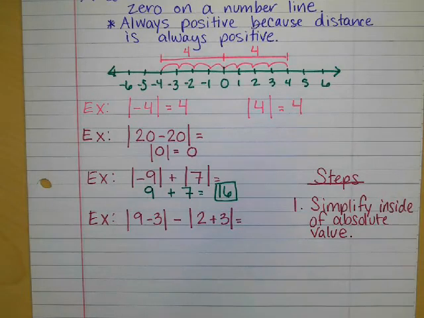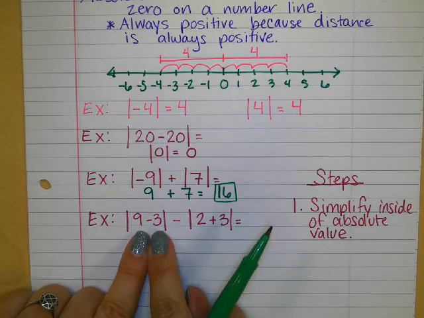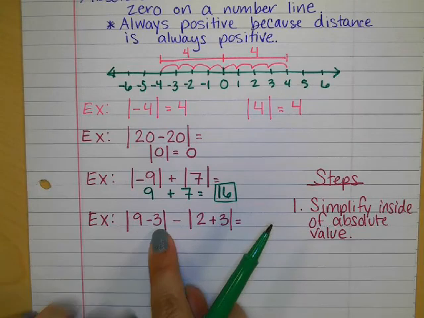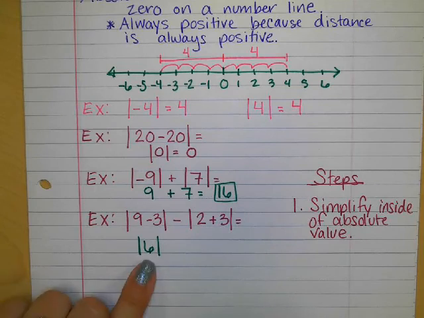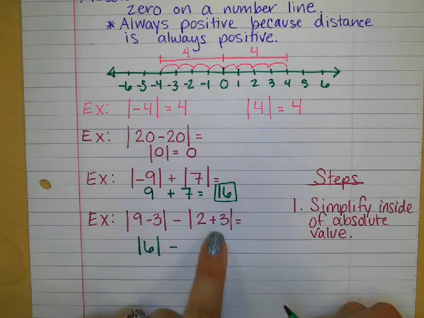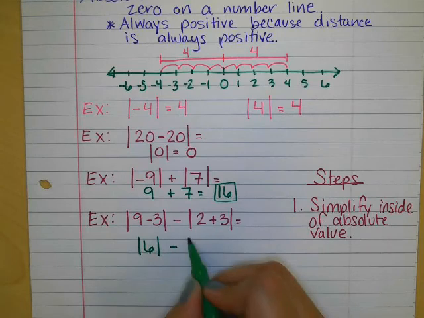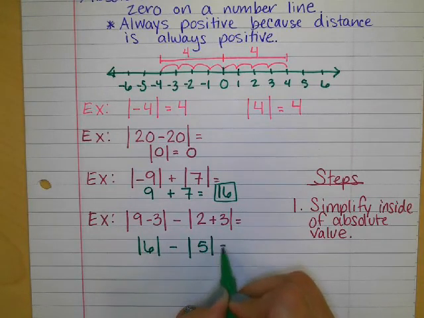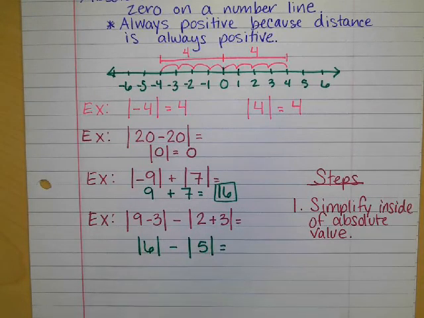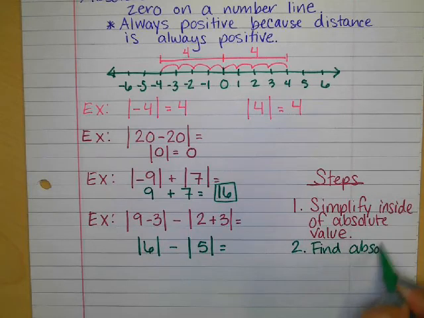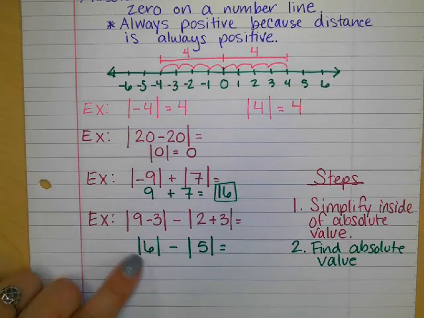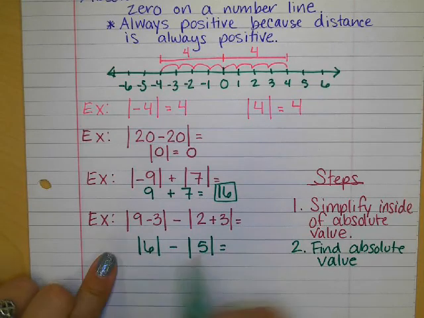Okay, so let's do that. So 9 minus 3 is 6. And it's still in the absolute value signs because it's inside of there, minus absolute value of 2 plus 3, which is 5. Okay. Now, the second step, we're going to find the absolute value. So the absolute value of 6 is just 6.